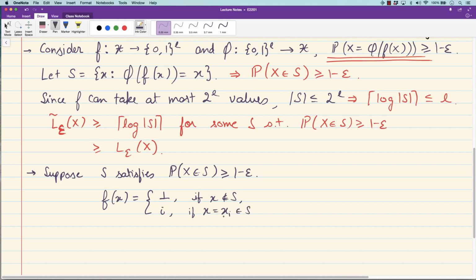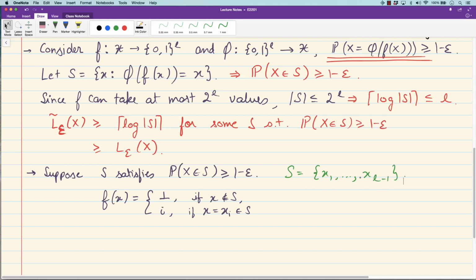Okay, so what does it mean? I have basically enumerated all the elements of S. I'm assuming that S equals x1 to x L minus 1. I'm just assuming this L is defined so that the cardinality of S is this.